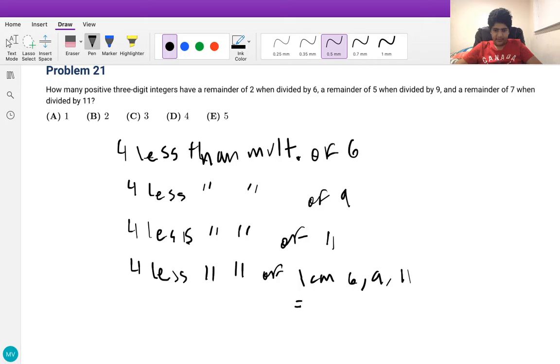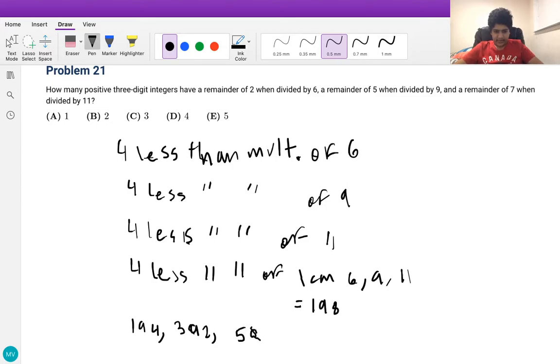198. Since we want 3-digit integers, the numbers can be 198 minus 4, or 194, 198 times 2 minus 4, which is 392, and then we can add 198 to that to get 590.